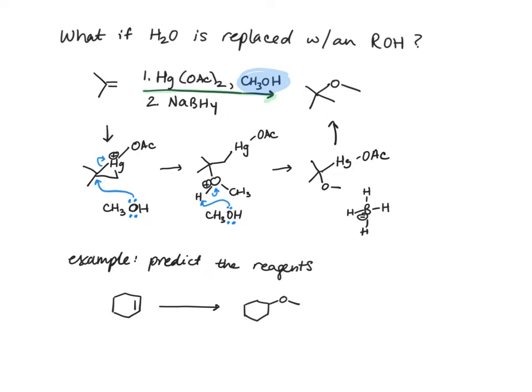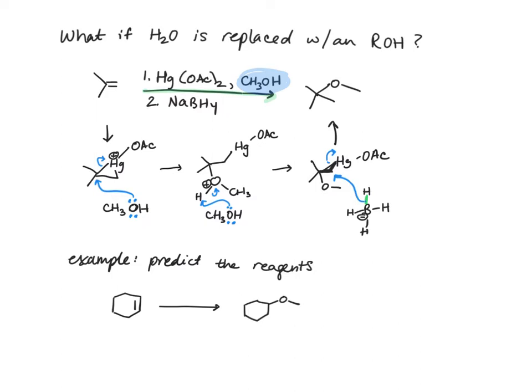And then in the last step, we're using our boron-hydrogen bond to attack. Oh, let's see, I've left out a carbon here. This should be there. We're going to use that to attack the less substituted carbon, kick off the mercury acetate.